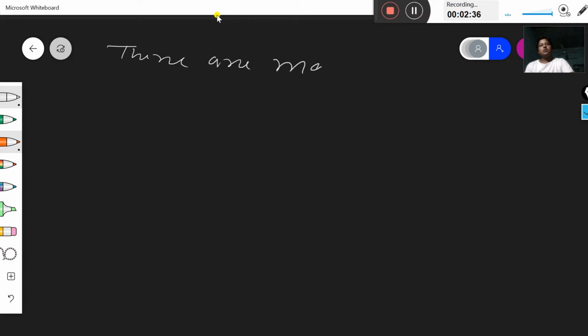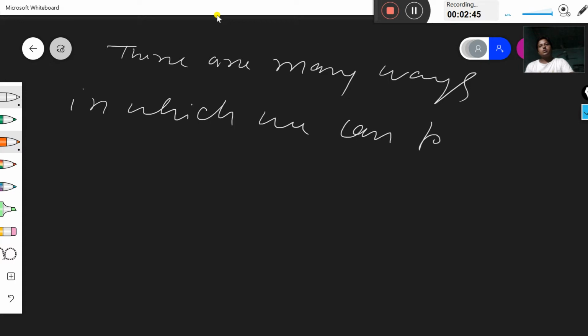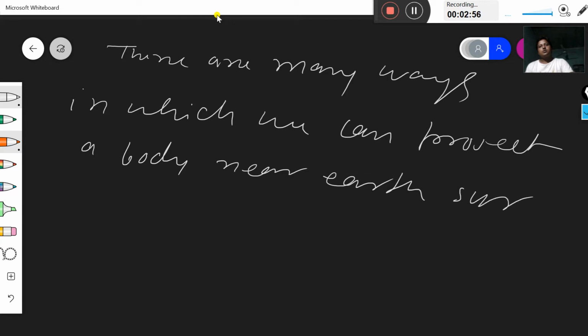There are many ways in which we can project a body near earth surface.